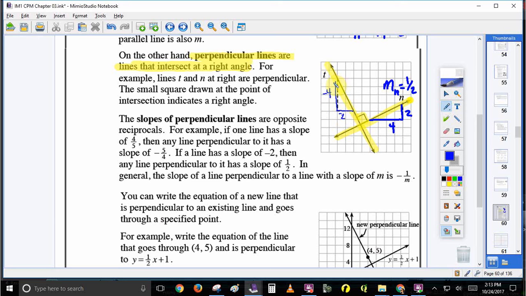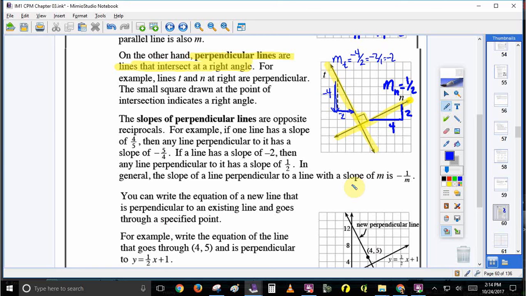Now it's negative because it goes down 4, right 2. So when we go down, we get a negative slope. And so the slope of T equals negative 4 over 2, which reduces to negative 2 over 1, or just negative 2.